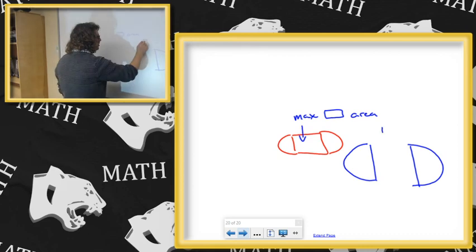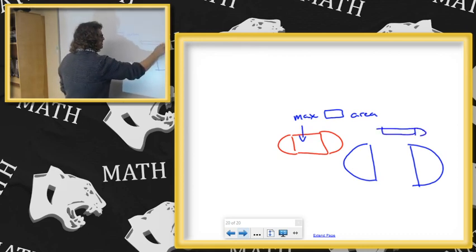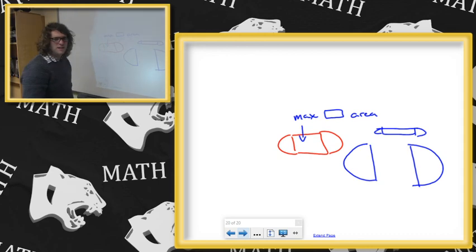However, if it's not tall, then your area is not real big either.